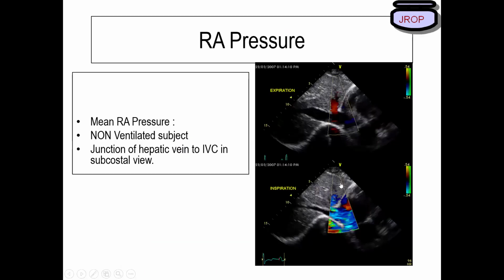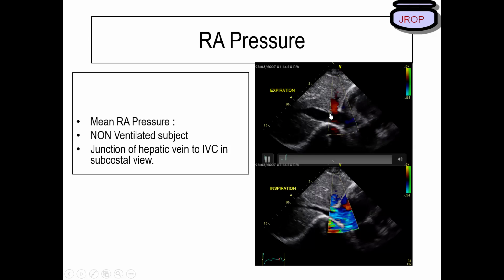But in echocardiography, we don't look at RA pressure with that particular phenomenon. We look at RA pressure by doing a measurement during end expiration, just distal to the hepatic vein. So here is a hepatic vein, here is the IVC, here is the RA.